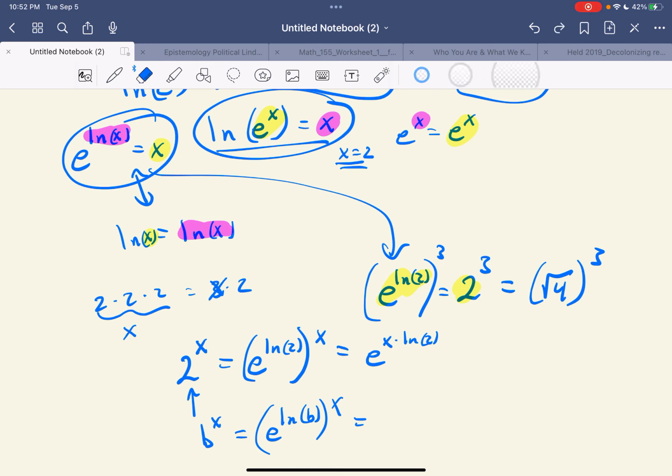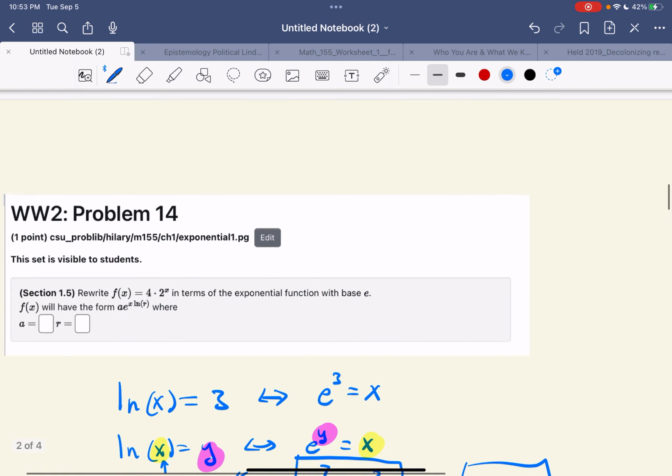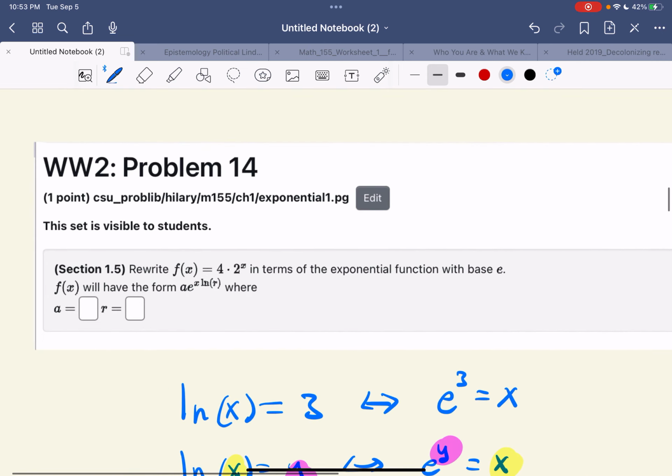Anyway, that was a quick and dirty rules of exponents. So why does this matter? Now we can just always talk about natural log and base e and forget about any other base. So if we go up here, we want to change the form of something into this. The whole idea is that e to the x ln r is just a silly way of writing r to the x.